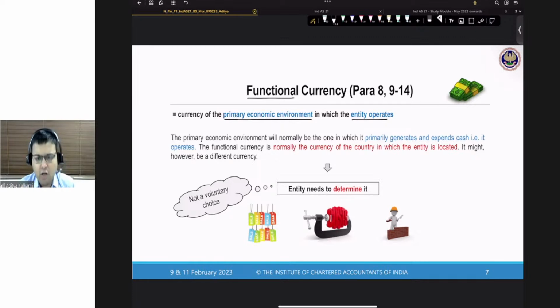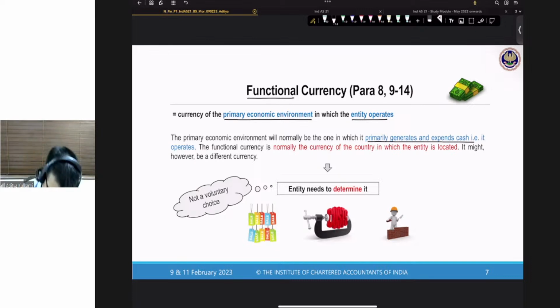Fair enough. So what do you mean by primary economic environment? Normally, it is the one in which the entity primarily generates and expends the cash. That is where it operates.